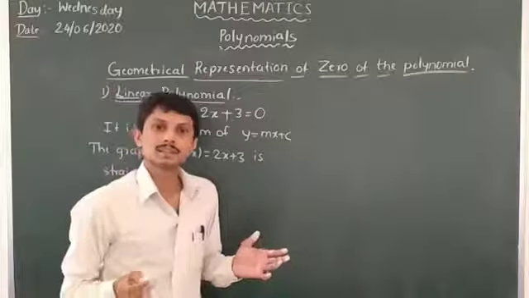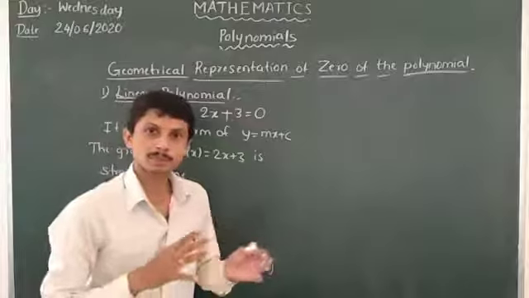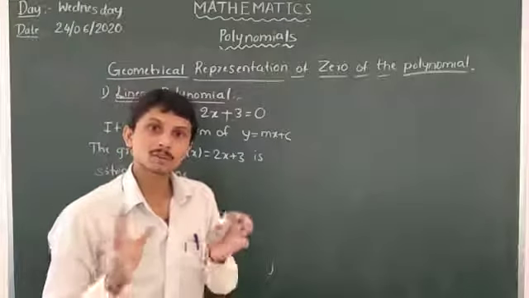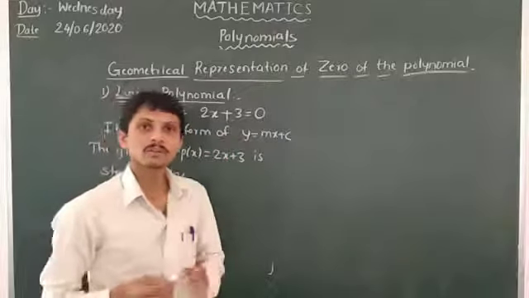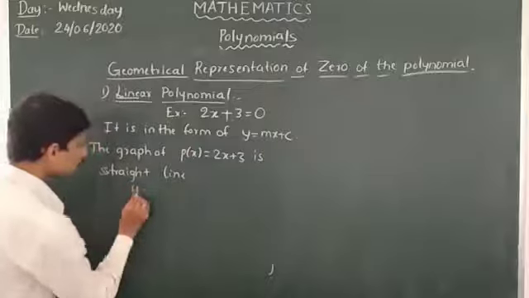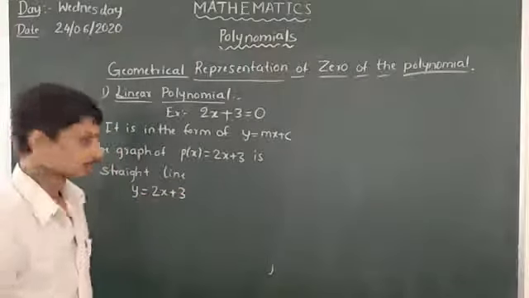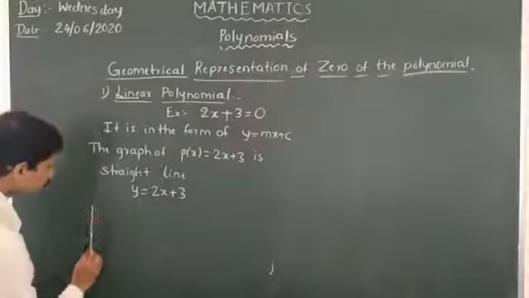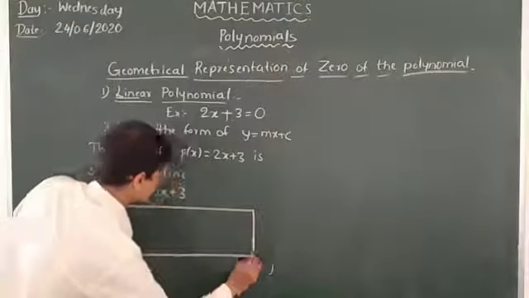So let us discuss this. We have to take some values of x and substitute them here, then we plot the graph. So substitute y is equal to 2x plus 3, and then take the values of x and y.